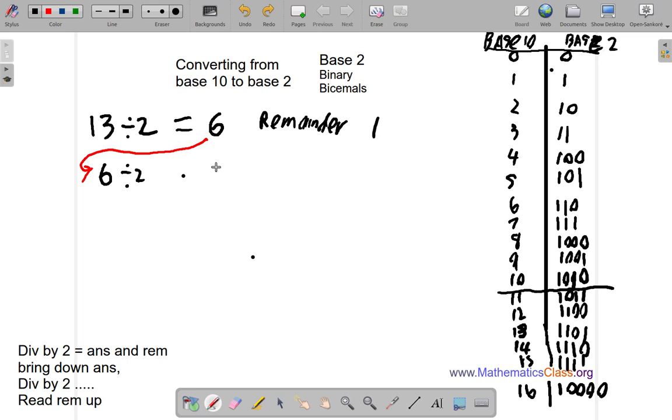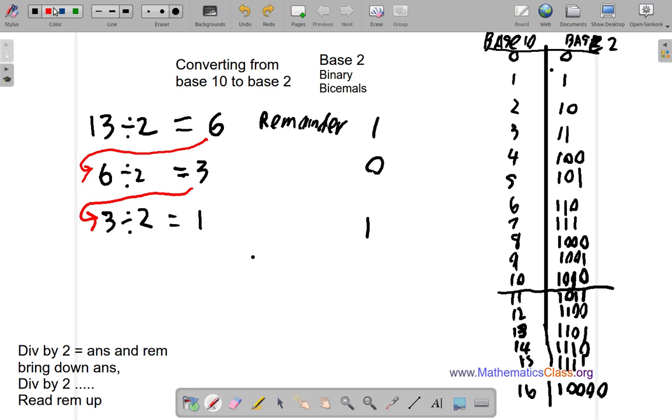Divide it by 2. The answer is 3. What's the remainder now? It's 0. Let me bring down this answer 3. Repeat the process. 3 divided by 2, the answer is 1. What's the remainder? It is 1. Okay, this is the answer. We bring down the answer.